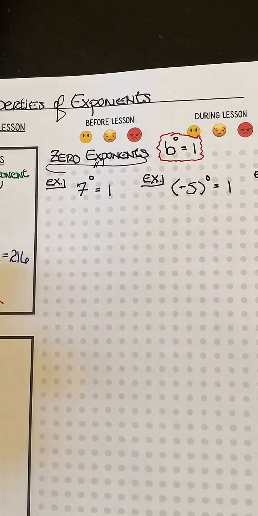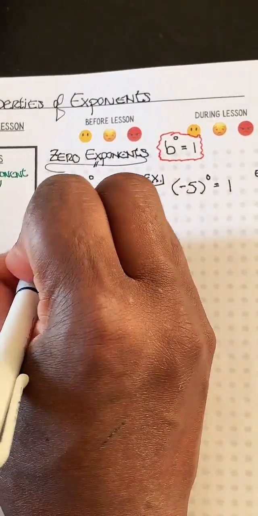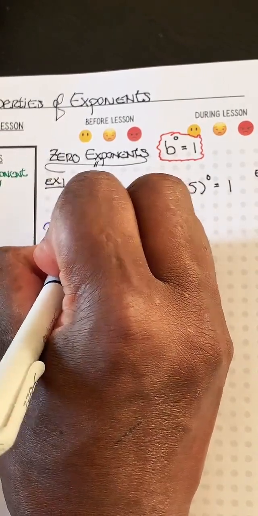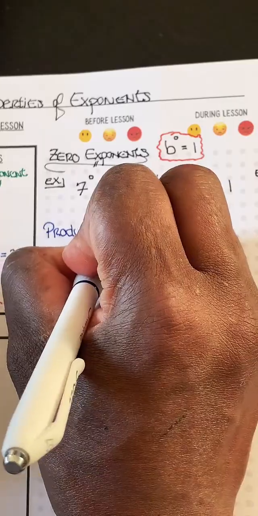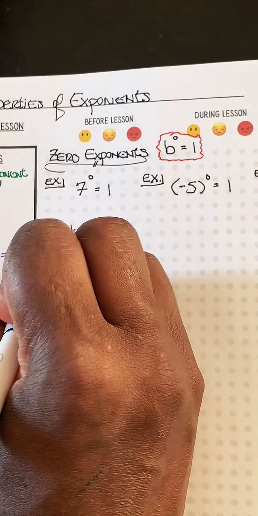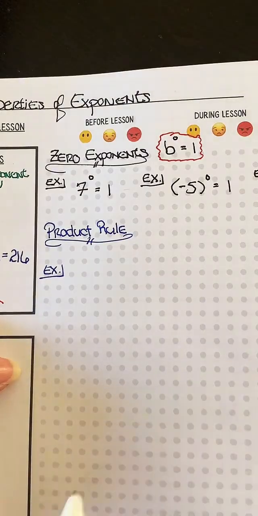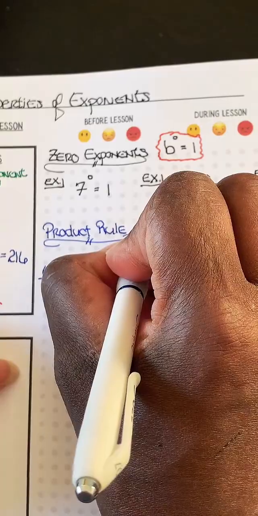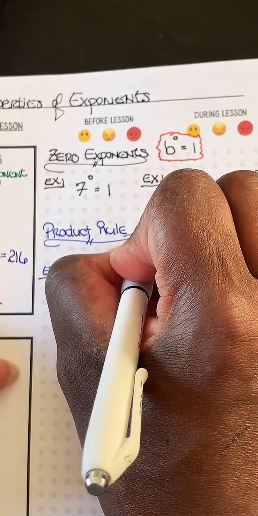All right. So for the next one, let's go with the product rule. Now, for the product rule, I have to have the same base.